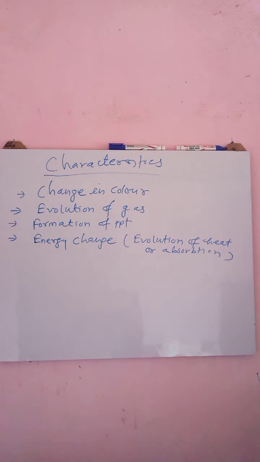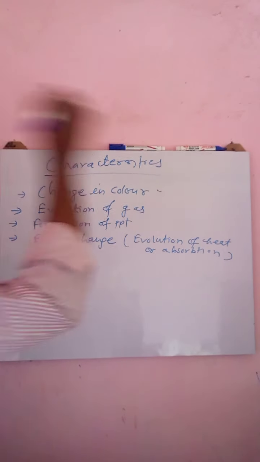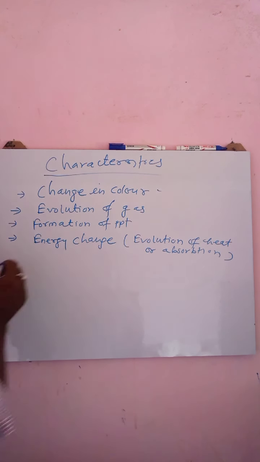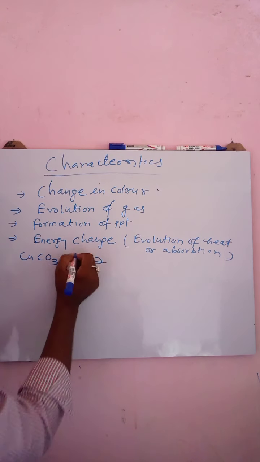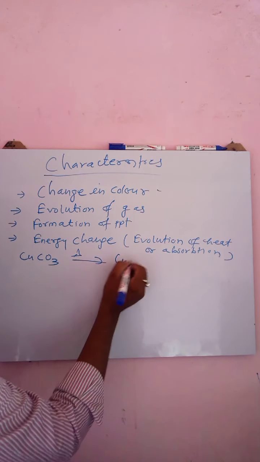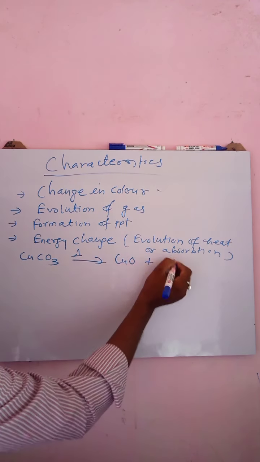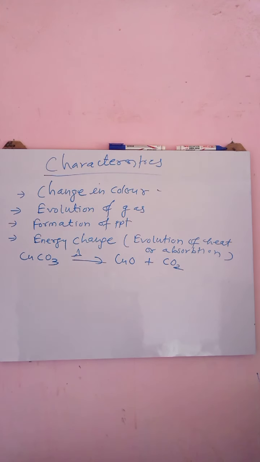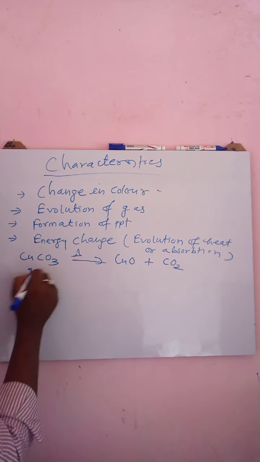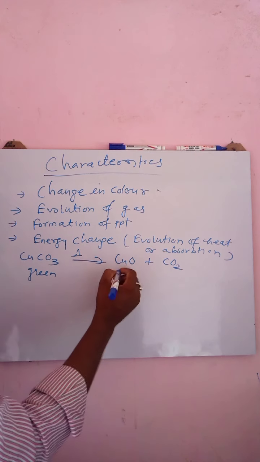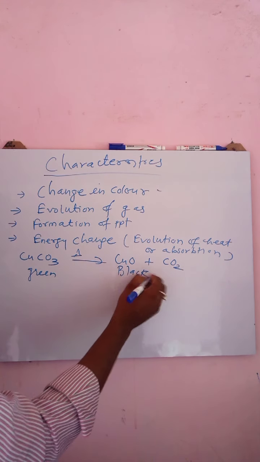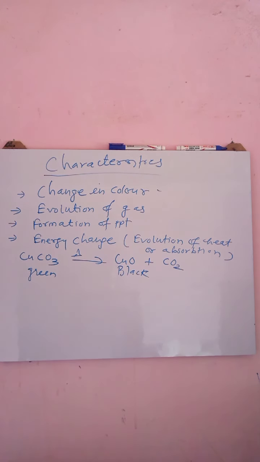Okay? See, change in color. For example, copper carbonate is a green color substance. When you heat it strongly, it forms copper oxide, a black color substance, plus CO2 gas.